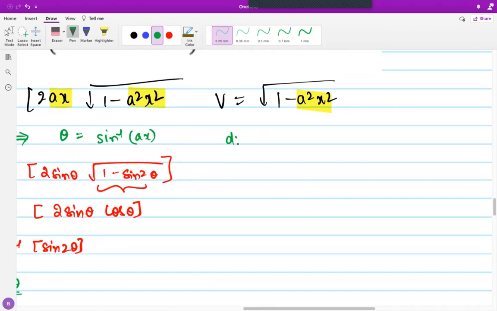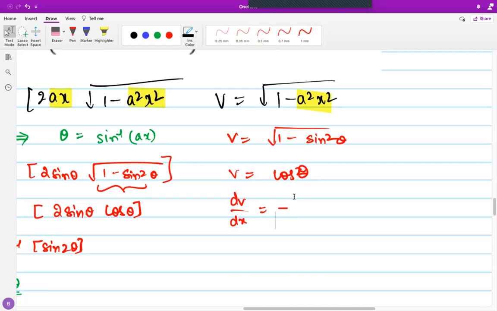Here also, before differentiating, we need to substitute and get the answer. Here v equals root of 1 minus sine square theta, so v is equal to just cos theta. So dv with respect to dx is the differentiation of cos theta.